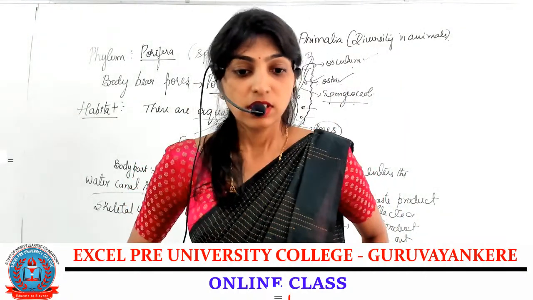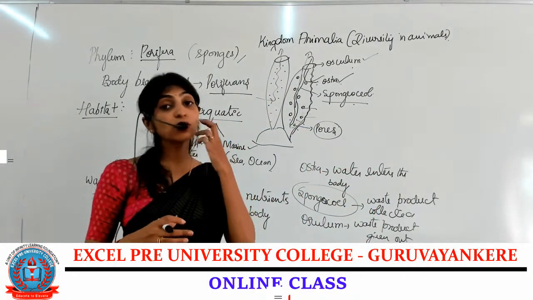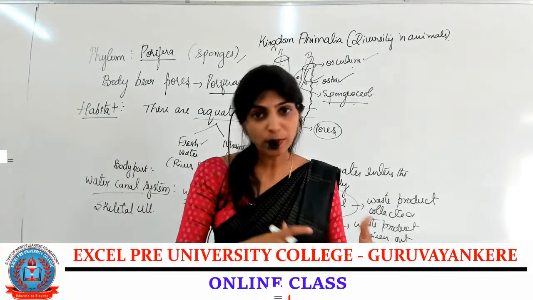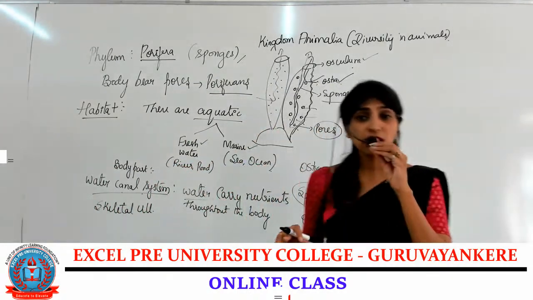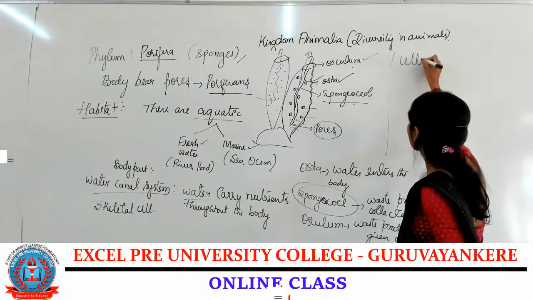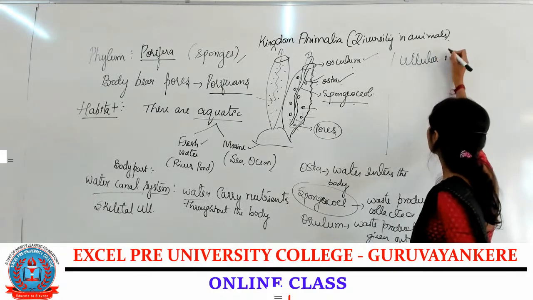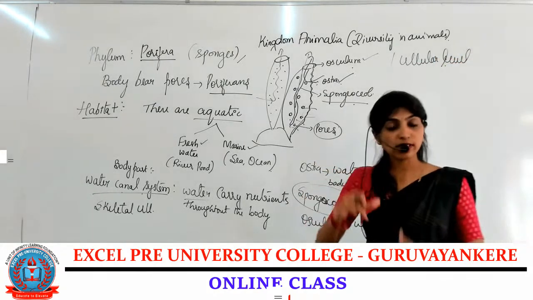Coming to the next one, these poriferans. I have told you that based on the arrangement of cells we group an organism. Here poriferans have minimal differentiation. That means they have a cellular level of organization. I need not explain what the cellular level is because I have already told you.